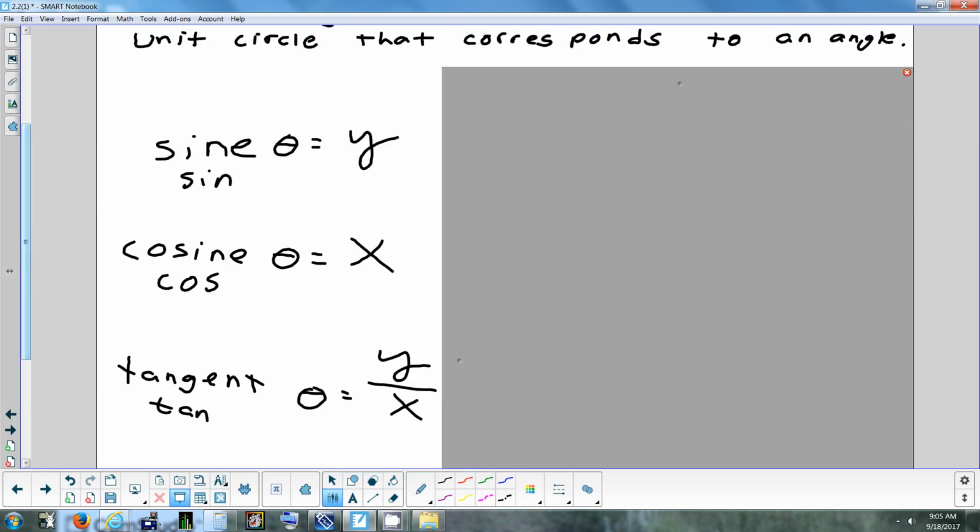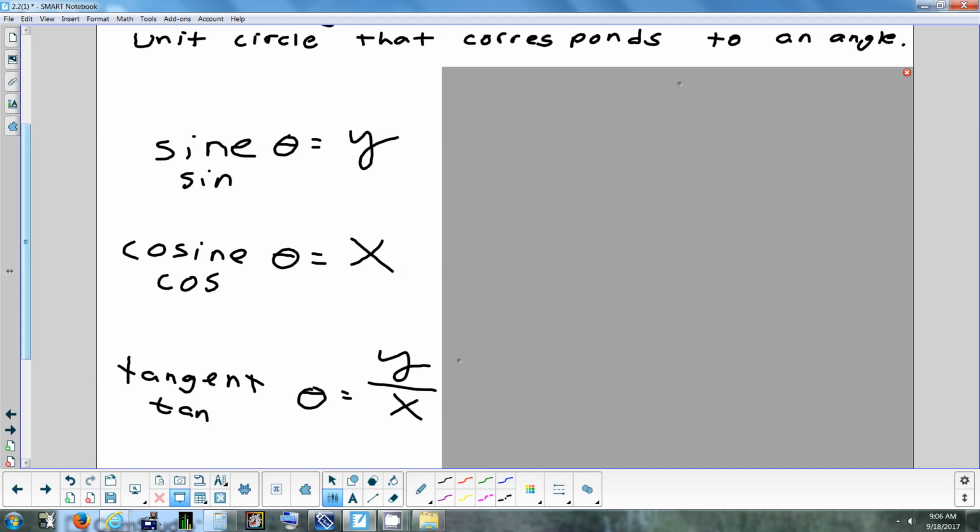Okay. And those are the definitions of those trig functions based on you knowing the coordinate we just talked about. So if I give you an angle, you find the coordinate for it. If I wanted to know the sine of your angle, all you need to tell me is the y value of your coordinate. That's the answer. If I asked you for the cosine of an angle, all you need to give me is the x value of the coordinate.